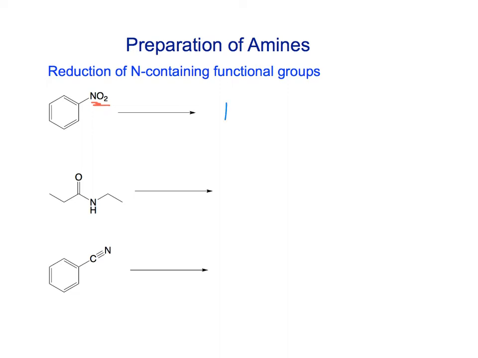And when we reduce that, we get an aniline species. All right? The reagents that we learned, we can just use hydrogenation conditions with H2 palladium on carbon.